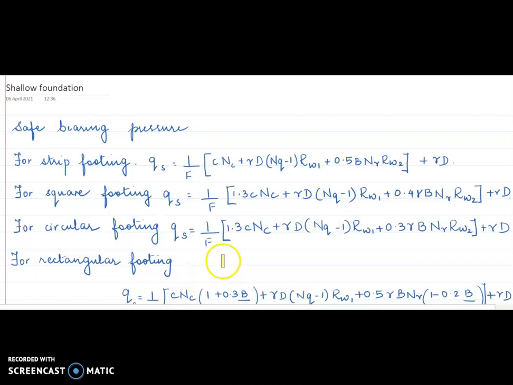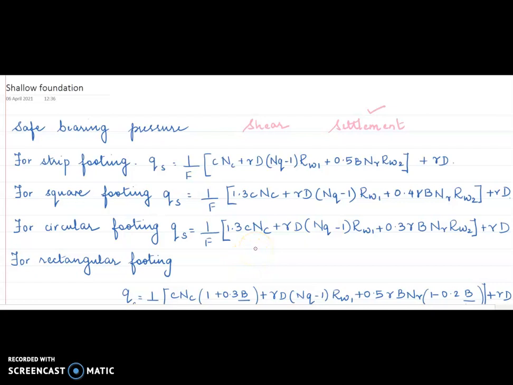Okay, watch that video. Now, when you determine safe bearing pressure or safe bearing capacity, it's fundamentally based on two criteria. One is shear and the other is settlement. And in this chapter, we are concentrating on this particular criterion.